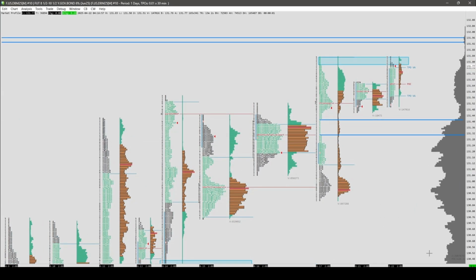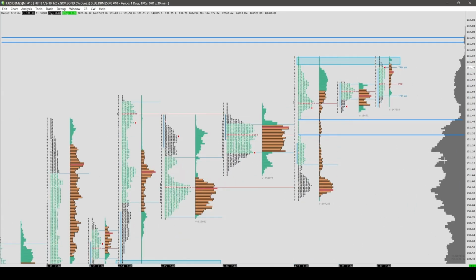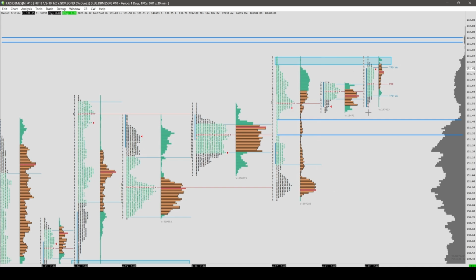So let's go to the daily TPO chart, and as you notice right here, the market did make a selling tail on this day, and it seems that the market is respecting this area, which could indicate a bearish scenario. And if the market is going to those single prints, I will be looking at how the market is going to react.